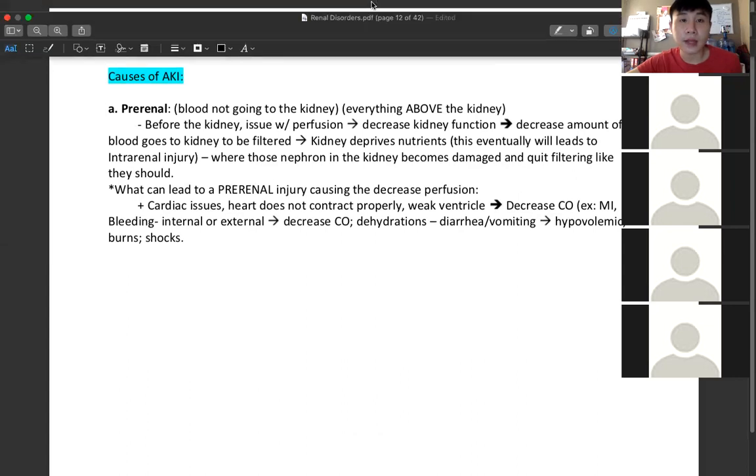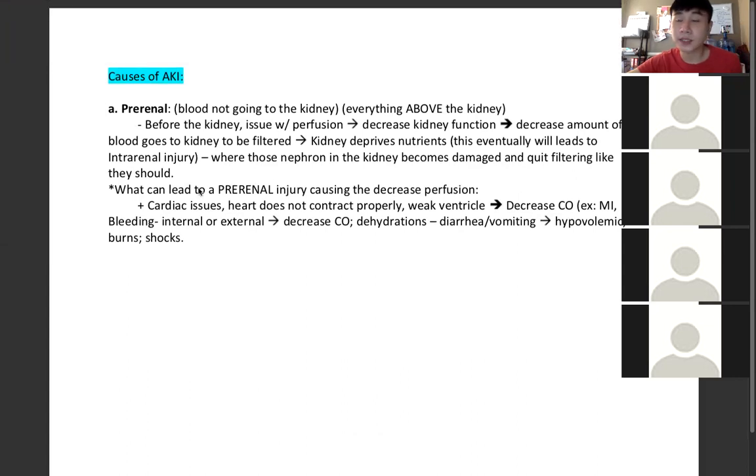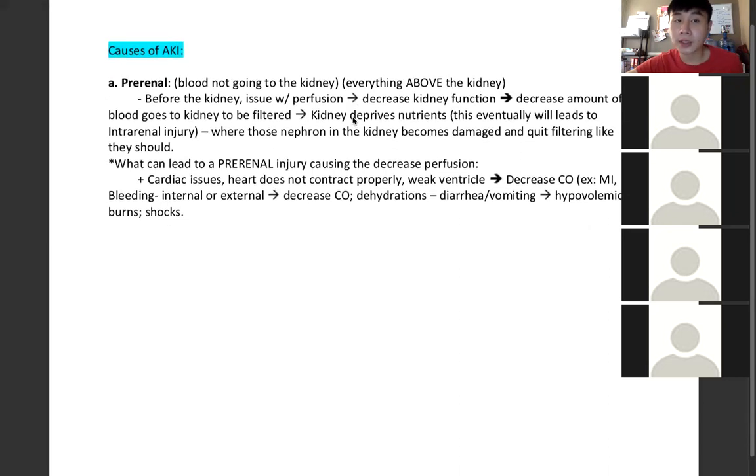Okay, next we are going to discuss the different causes of AKI. Like earlier I mentioned, AKI causes include pre-renal, intrarenal, and post-renal. So what is pre-renal? Pre-renal is the blood not going to the kidney, everything above the kidney.